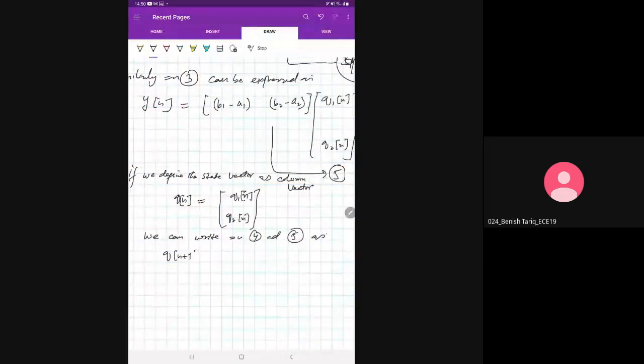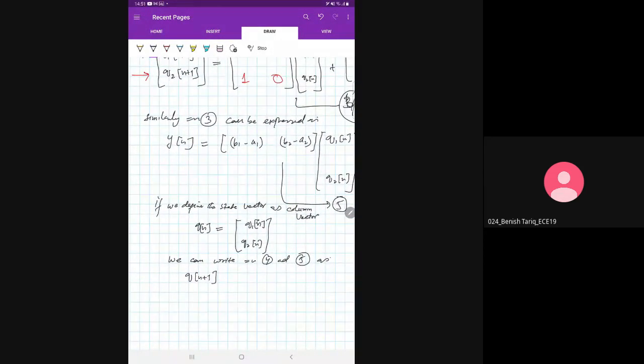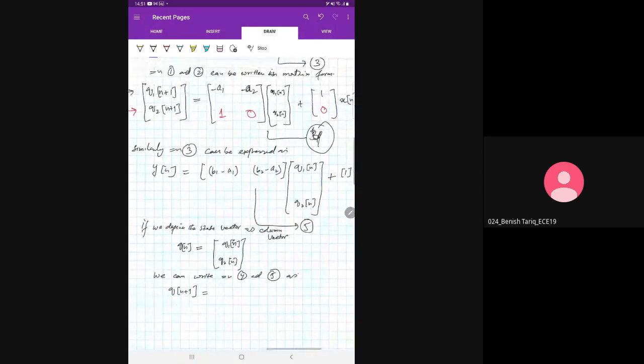Then you had a 2 cross 2 matrix here; instead of this matrix we'll write A times the vector q1 of n, q2 of n, and instead of that we'll write q of n, because it is the state vector.